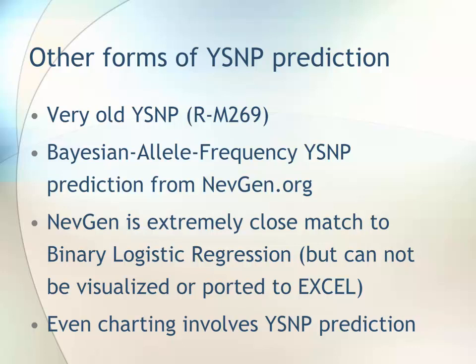But the problem with this technology is it cannot be visualized, or ported to Excel in forms of macros. But this goes to show you that there's more than one way, mathematically, to arrive at answers. Even charting, which is a level below YSNP prediction, also involves YSNP prediction components.